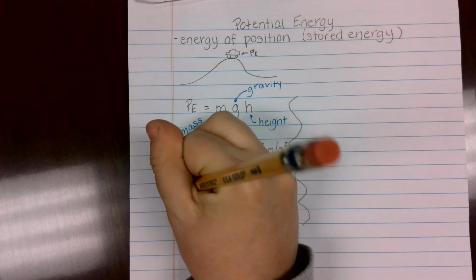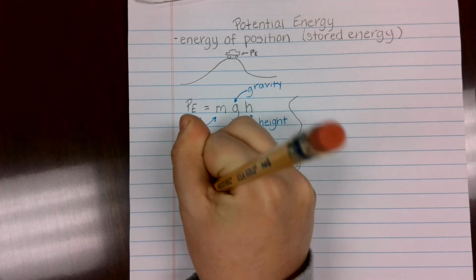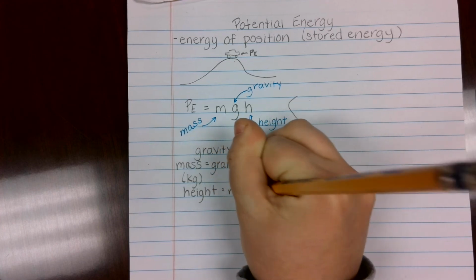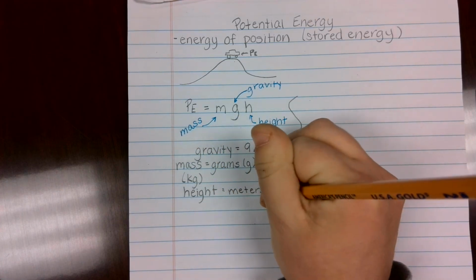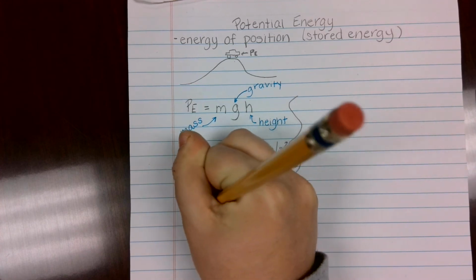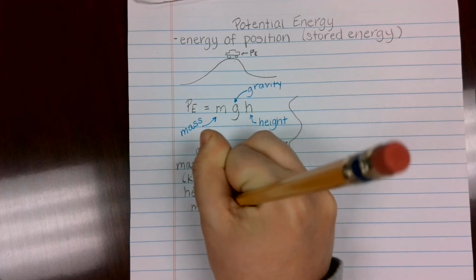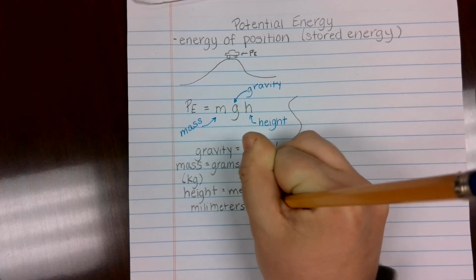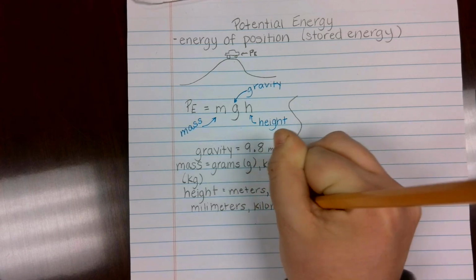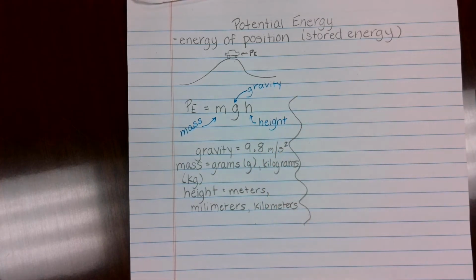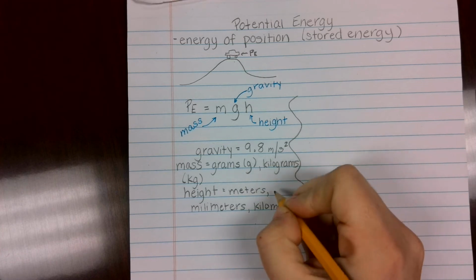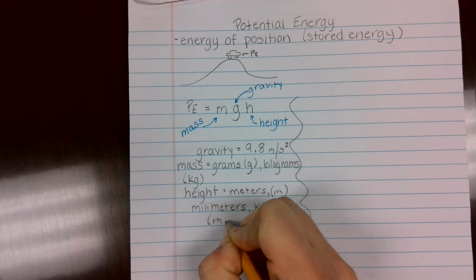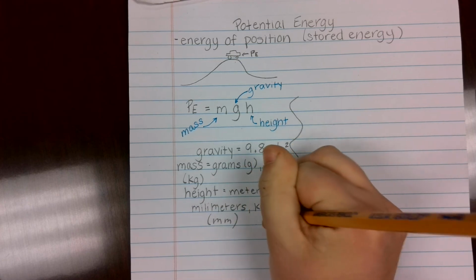And then finally, my height may be measured in meters, maybe millimeters, or kilometers. But these are going to be your key words when you pull out your measurements from a problem. Let me put their units here: meters, millimeters, and kilometers.